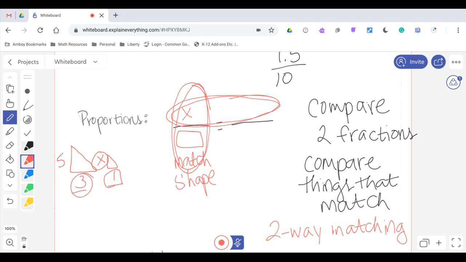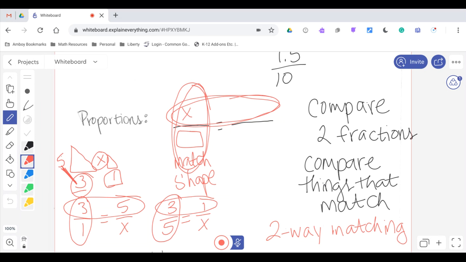If these were the same shape, it'd be like, oh yeah, 3 matches with 1. I could also have a fraction between 3 and 5 here because they are part of the same shape. So I could write this as 3 over 1 equals 5 over x. So I have matching shape, matching side. Or I could write it 3 over 5 equals 1 over x. So this way I have matching shape, matching sides.